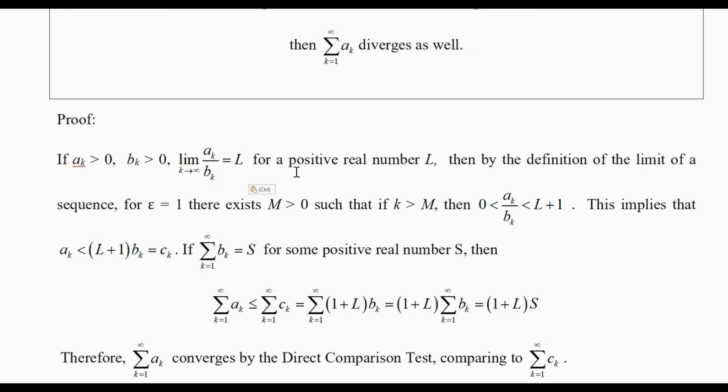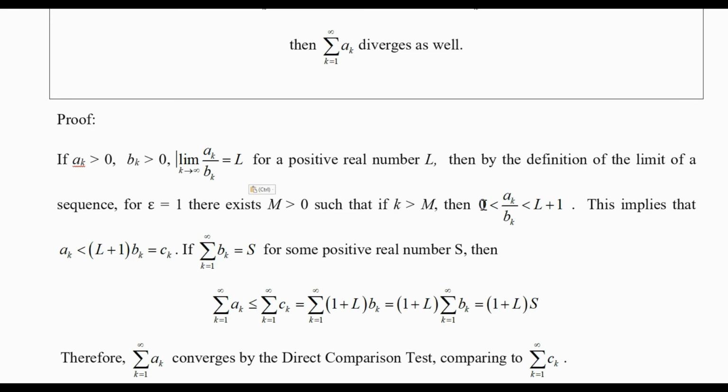All right. Then by the definition of a limit of a sequence, for every epsilon, well, specifically for epsilon equal 1, there exists an M greater than 0 such that if k is greater than M, a sub k over b sub k, the thing we're taking the limit of, has to be less than that limit plus epsilon.